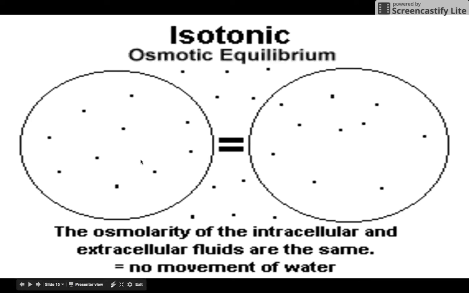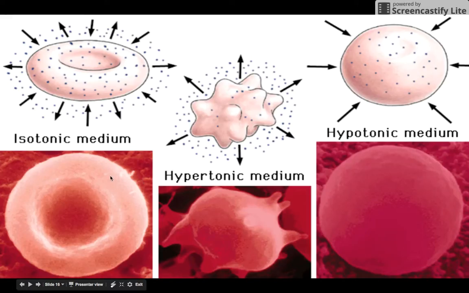That means there is an equal amount on both sides. Look at these illustrations here. This red blood cell is in an isotonic situation where there is an equal amount of solute on the outside to the inside. They're equal, they're in balance.